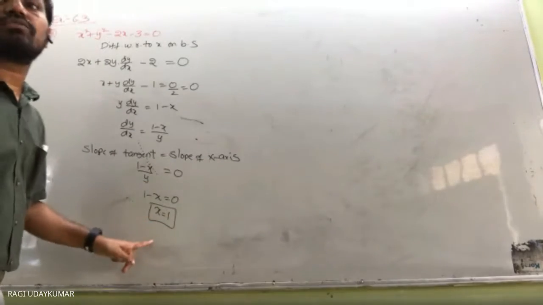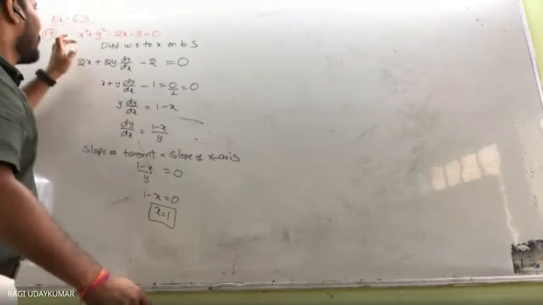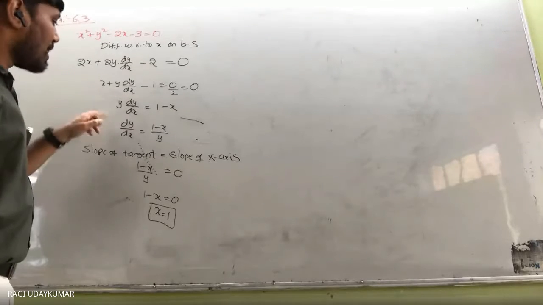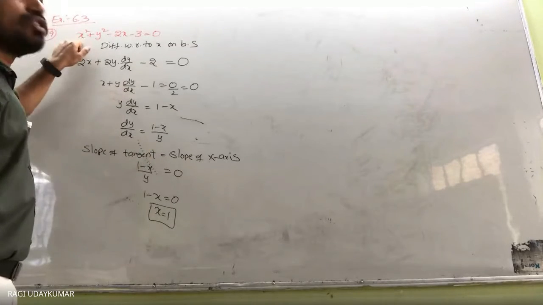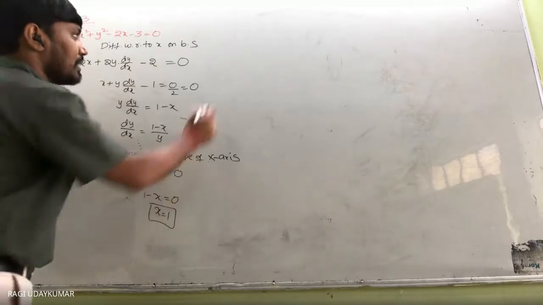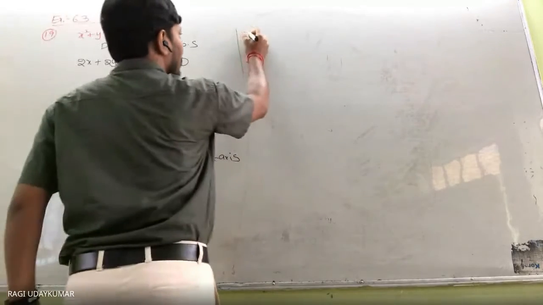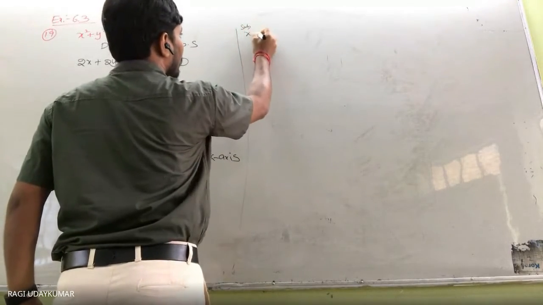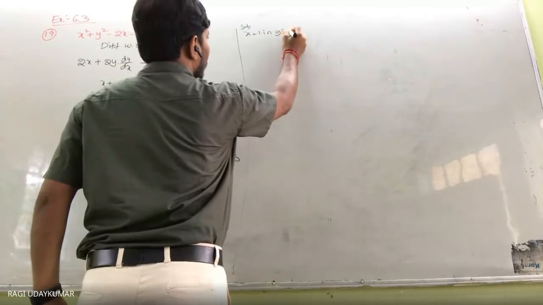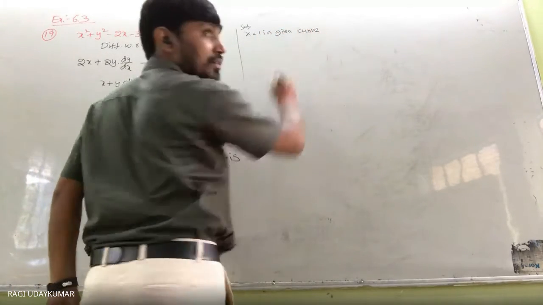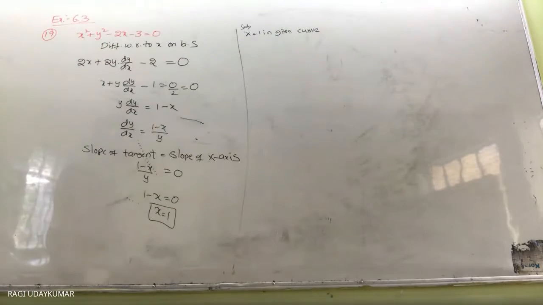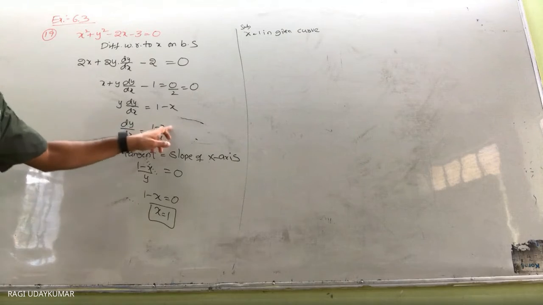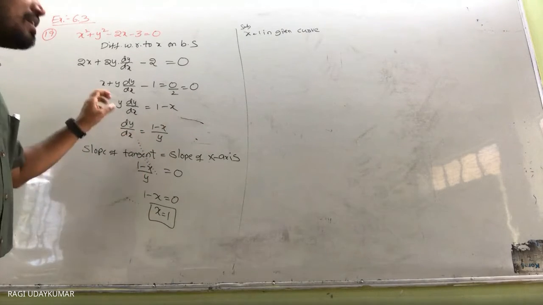x equal to 1 means what is the y value? The y value you need to find out not from here; you have to substitute in the given curve. Because x equal to 1 here makes it 0.